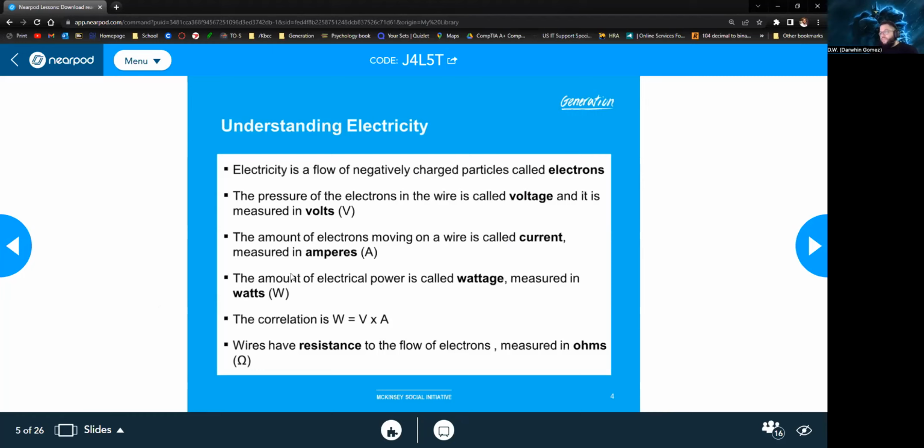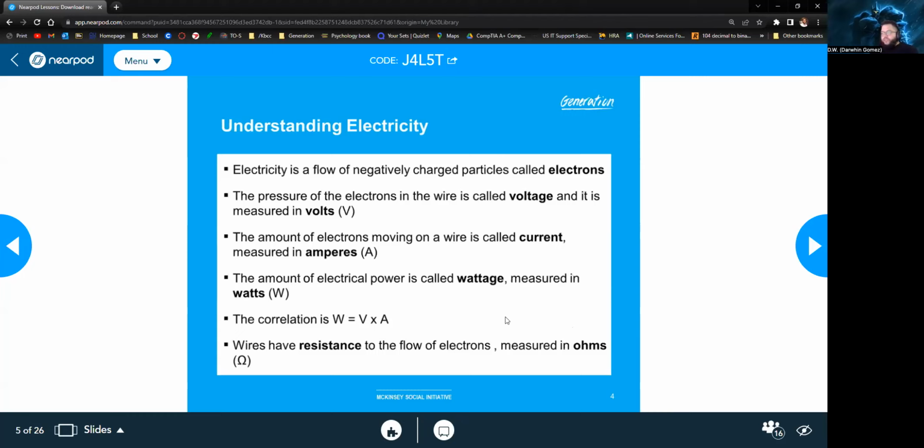Amperes. I might have mispronounced that, but that is how it's measured. The amount of electrical power is called wattage and is measured in watts. And wattage equals volts times amperage. So W equals V times A. And wires have a resistance that restricts the amount of electrons that can flow through them.